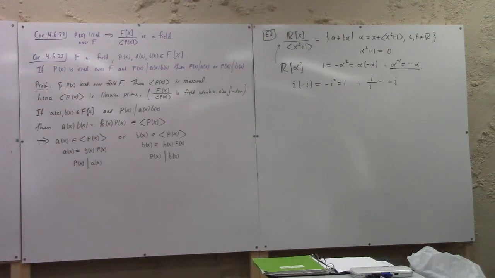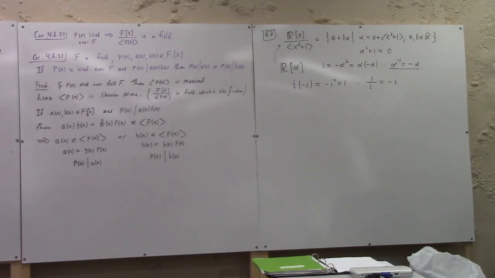Number one: a and b are associates if there exists a unit u in D such that b is equal to au. This is what it means for them to be associates.